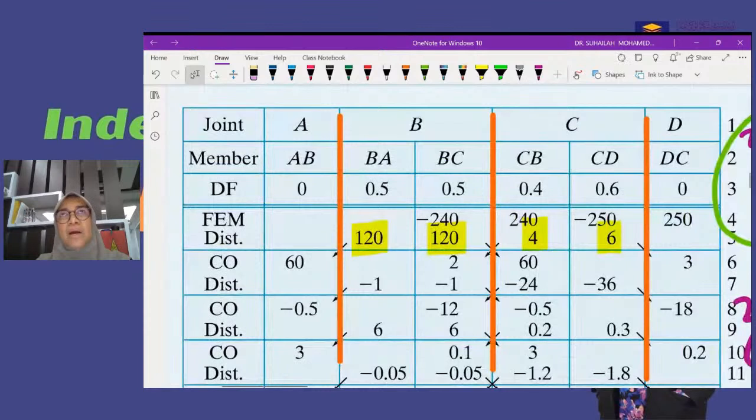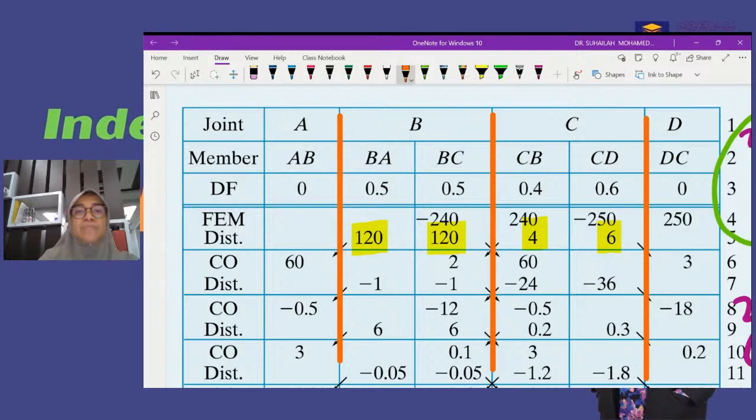To carry over the moment, we have to carry the value to the adjacent joint. It must cross the boundary. So what we need to use is the factor, 0.5, times the moment.